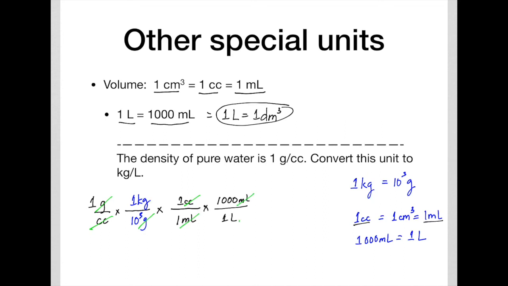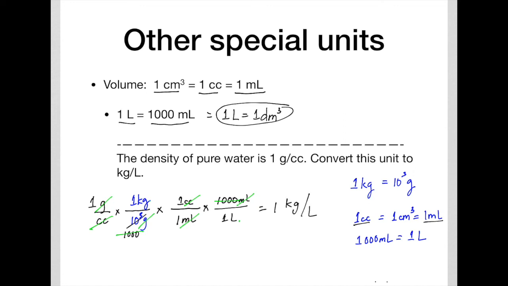Therefore we have 10 raised to 3, which is just the same as 1000. And as you can see, I could cancel my 1000 here. So cancel, cancel. And then I could say that that is 1. The unit is 1 kilogram per liter.